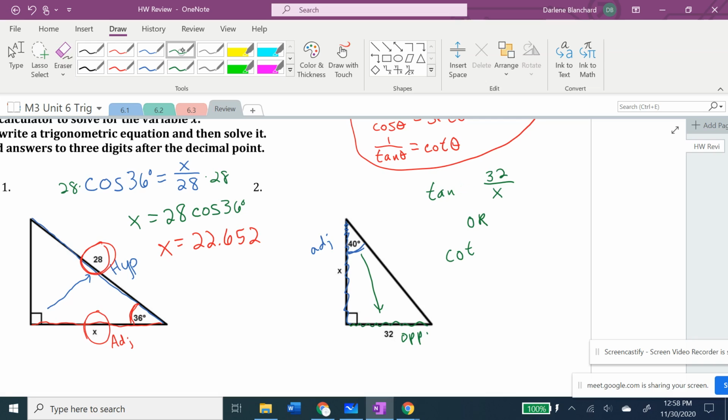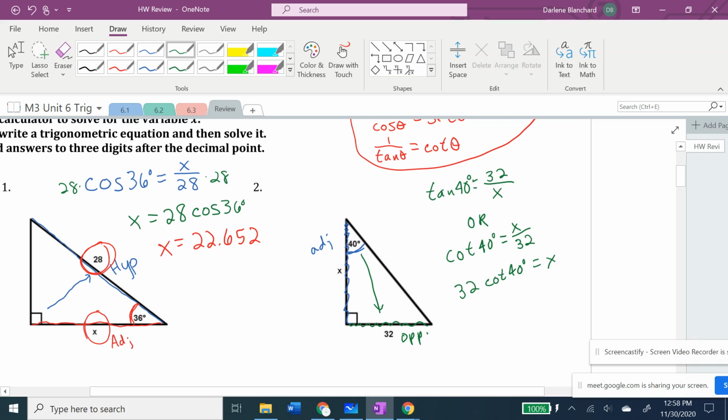I need to put that down, 40 degrees. So if I do the cotangent of 40 degrees, then I can do adjacent over opposite, and then I can more easily just do 32 times cotangent of 40 degrees.